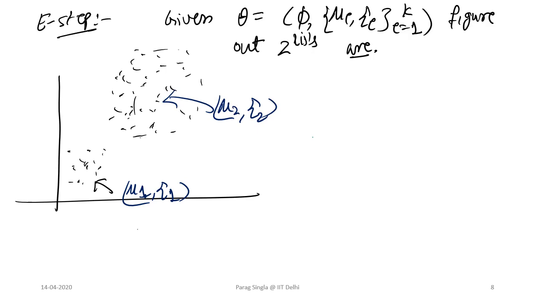And given these set of parameters, and also the class probabilities phi's, we would like to figure out the zi's. In particular, suppose there is a point here, which is let's say xi; we would like to figure out the zi assignment for this.